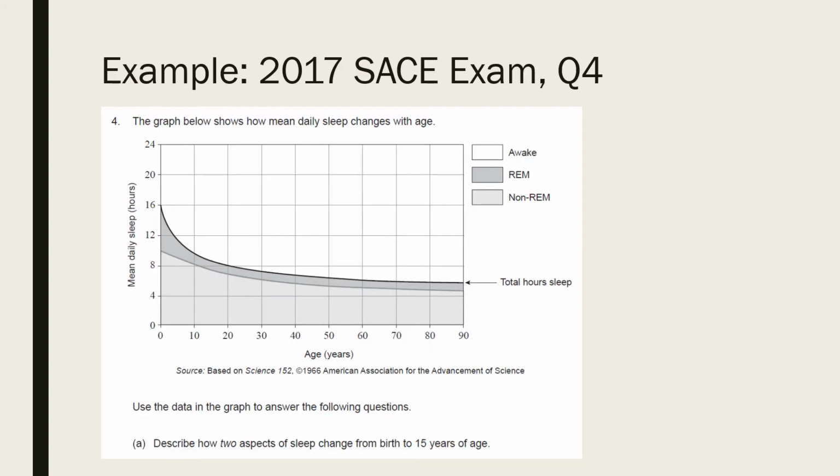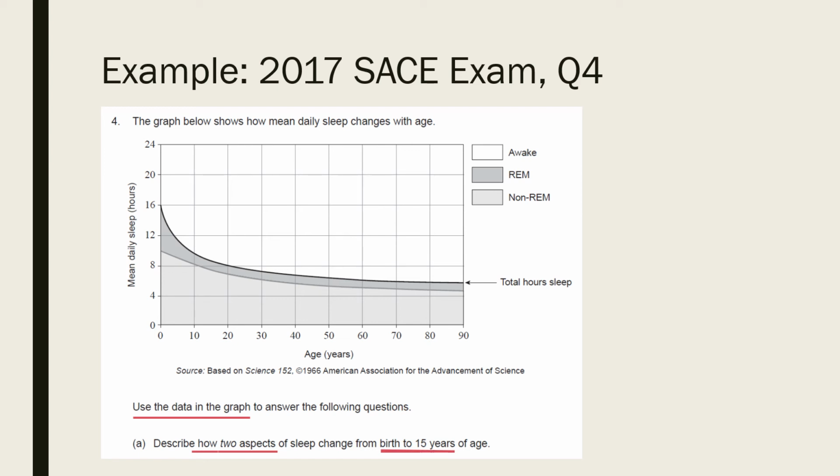Some of the keywords in this question include the fact that you have to use the data in the graph, which tells you that you need to make sure you include specific figures. Also, 2 aspects of sleep change need to be described, and then these need to be for the ages of birth to 15 years, so you need to ignore the other ages shown on the graph.